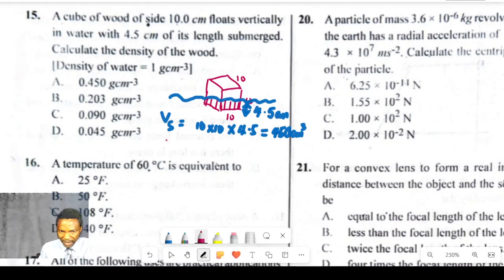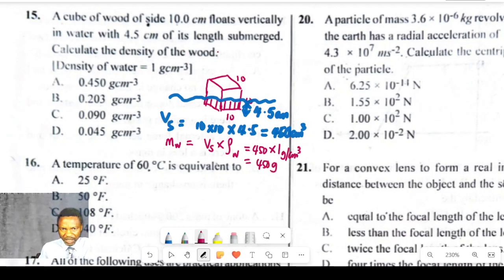So let's look at the mass of the wood. Mass of wood is equal to volume submerged times the density of water, which is 450 times 1 gram per cm cubed. So that will give us 450 grams.